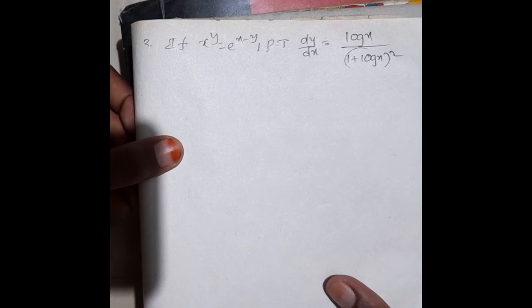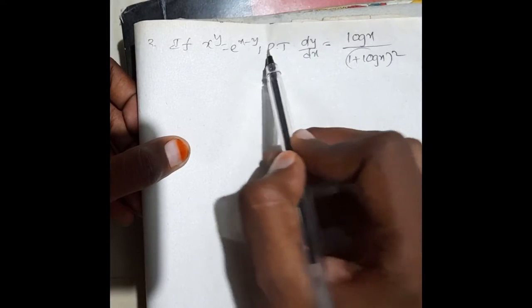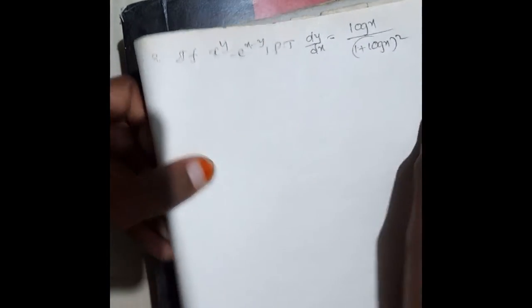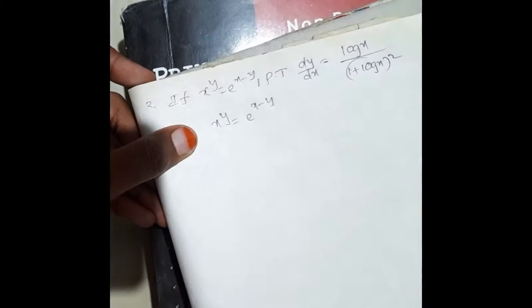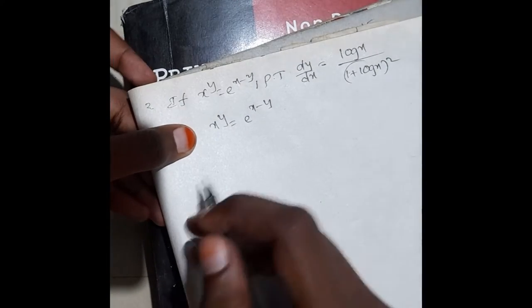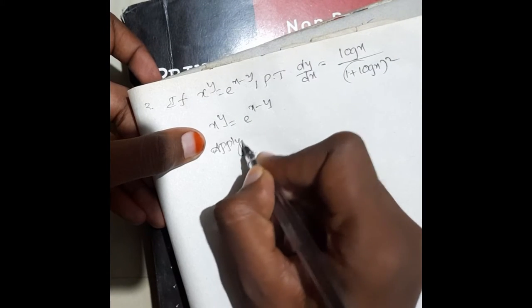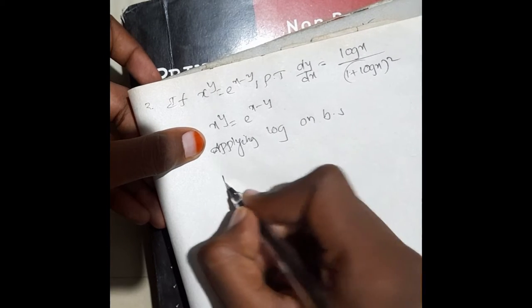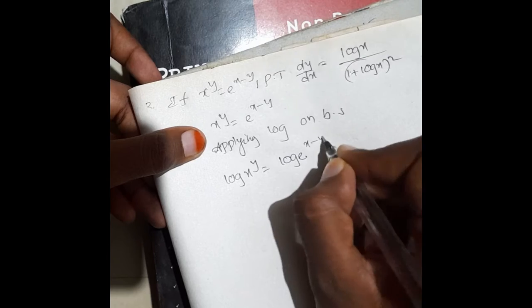So the next problem is, if x to the power y equals e to the power (x - y), then prove that dy by dx equals log x by (1 + log x) whole square. Okay, so first it is given that x^y = e^(x - y). Applying log on both sides: log x^y = log e^(x - y).